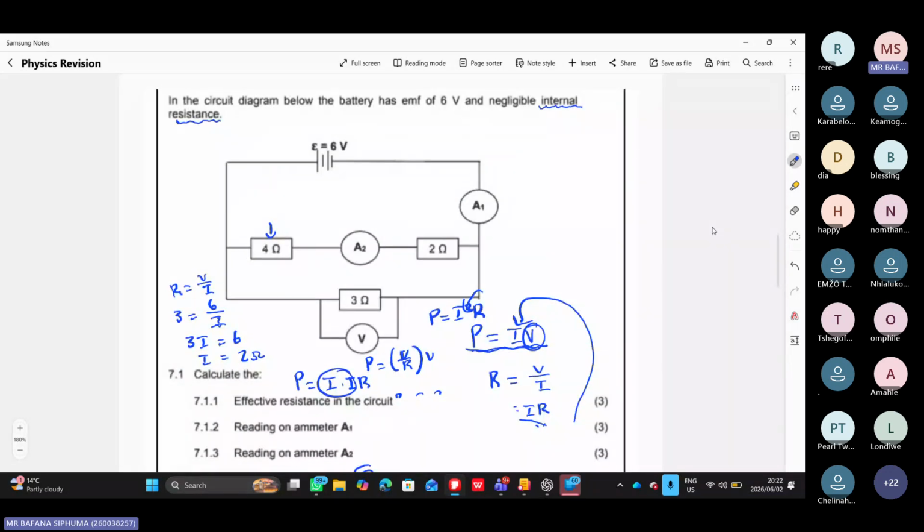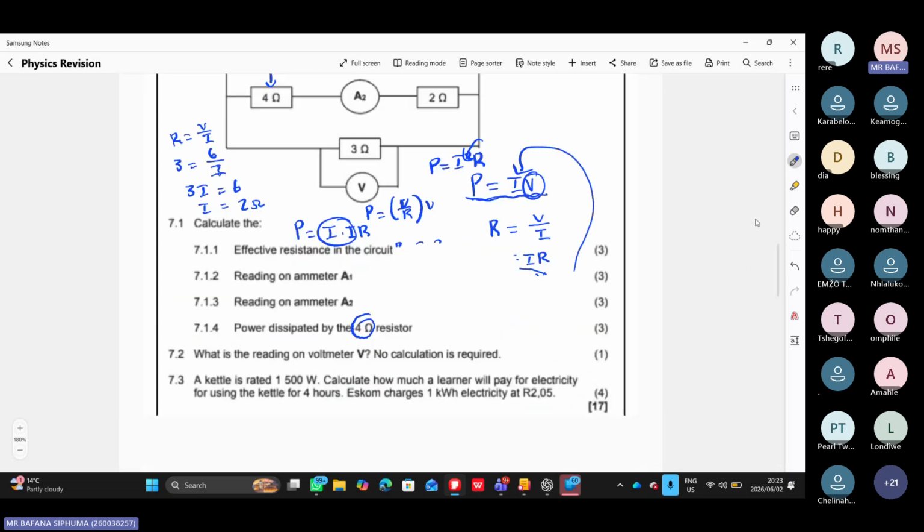Now, this is where we will not add the resistance because power is different. A device which has a 4 ohm resistor and a 2 ohm resistance cannot have the same power. It's like having a fridge and a TV. They can't have the same power. The way they consume electricity is different, so the power has to be different also. That is why they are strictly saying calculate the power on the 4 ohm resistor.